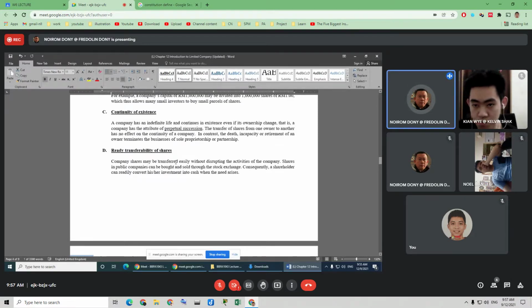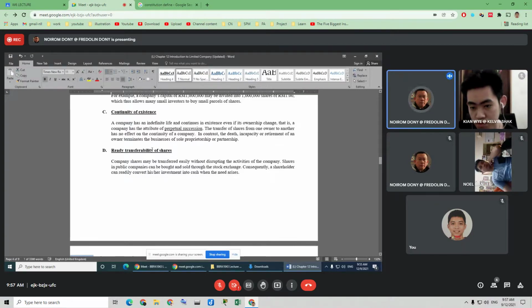So company share may be transferred easily without disrupting the activities of the company. Share in a public company can be bought and sold through the stock exchange. Consequently, a shareholder can readily convert his or her investment into cash when the need arises.